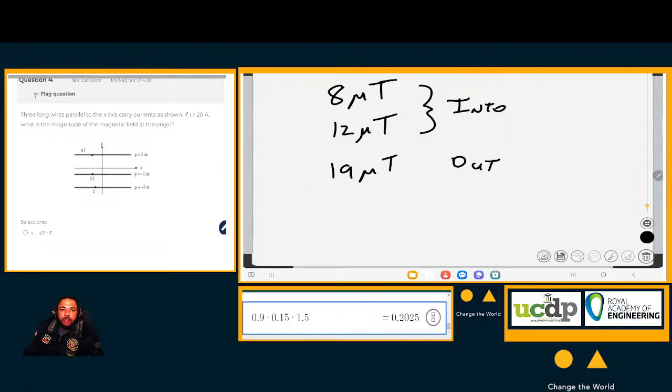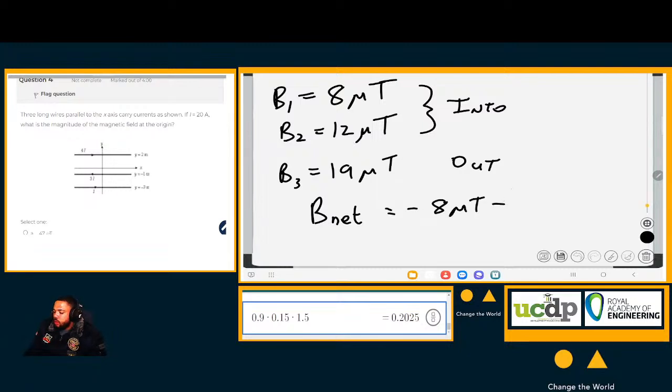So if we want the net magnetic field at the origin, B net, this is B1 by the way, B2, B3. B net is then equal to, let's take into the page as negative and out of the page as positive. So into is negative 8 microtesla minus 12 microtesla, where the signs just indicate it's going into the page, and the positive sign is indicating it's coming out of the page, 19 microtesla.